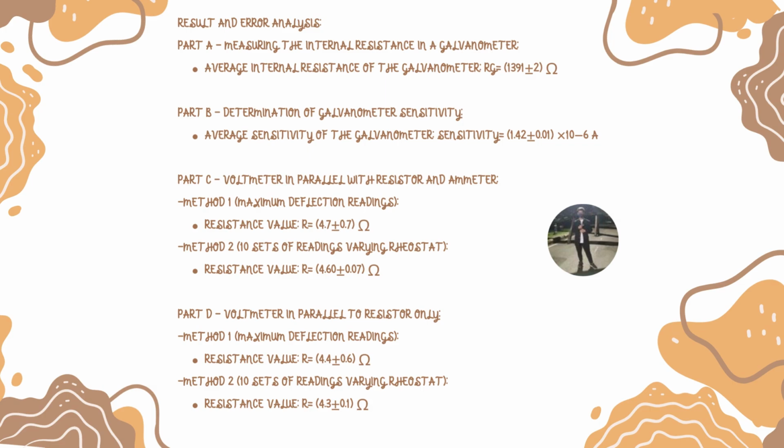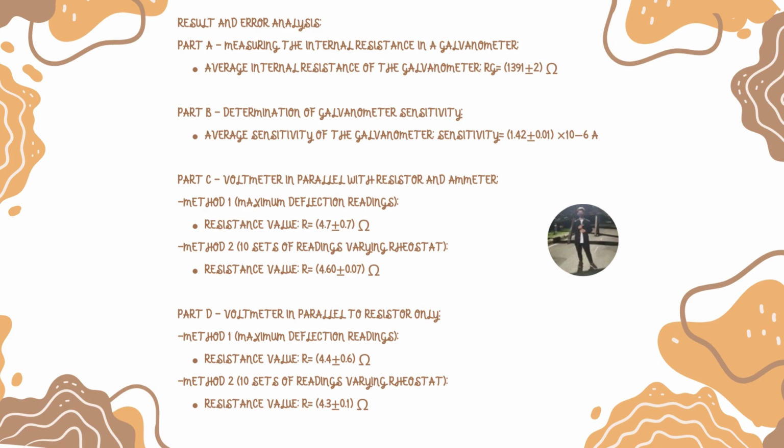For Part C, where the voltmeter was in parallel with the resistor and ammeter, the resistance value obtained using Method 1 was R equals 4.7 plus or minus 0.7 ohm, and using Method 2, the resistance value was R equals 4.60 plus or minus 0.07 ohm.